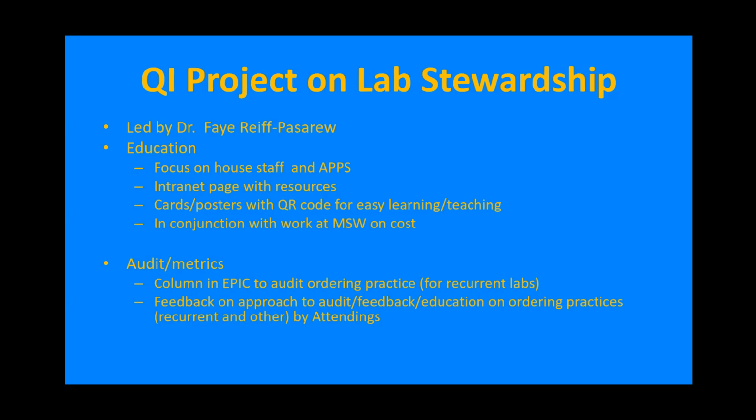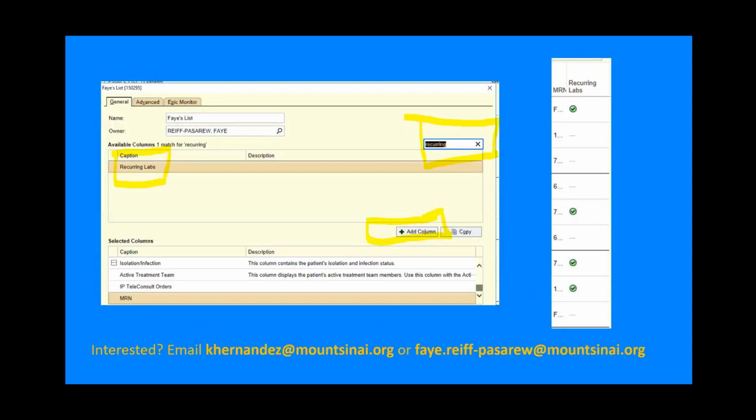It's mainly focused on educating about the overuse of labs, the cost of them, and why it might be harmful to patients and their experience. The intervention we're looking to roll out very soon is something we created in Epic, a tab called the Recurring Labs tab.